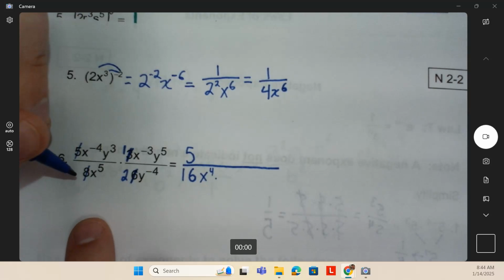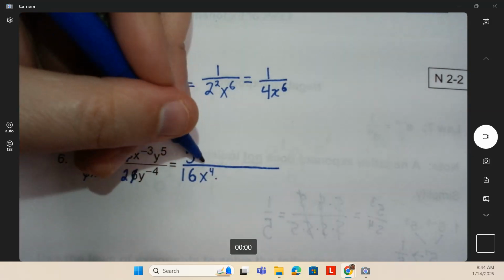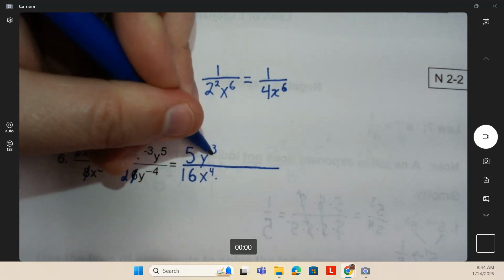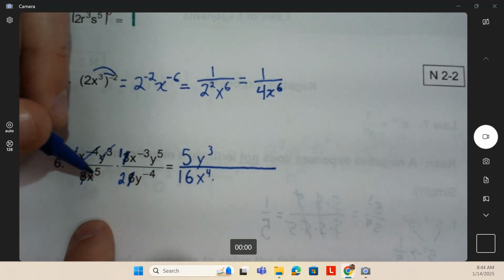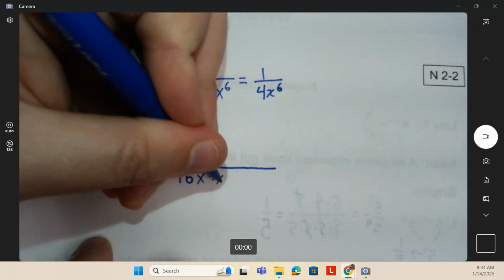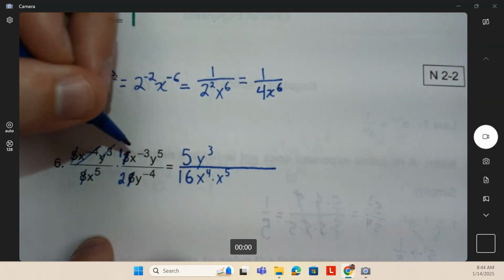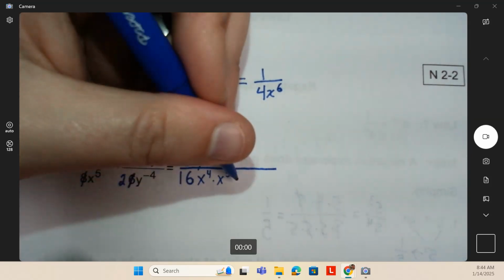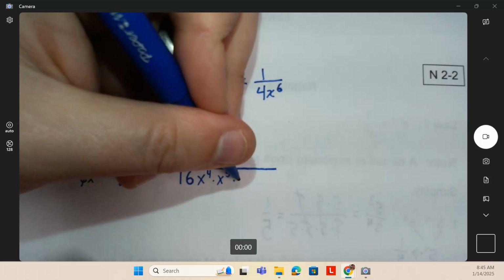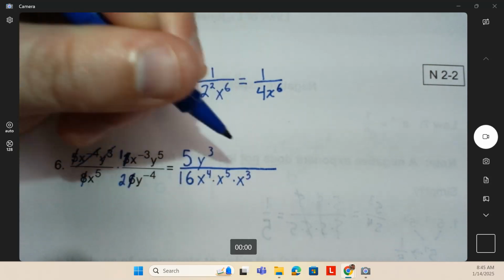Then y to the third gets to stay up top. X to the fifth is going to stay down at the bottom. X to the negative third, I'm going to move to the bottom, so it switches places and becomes x to the third.